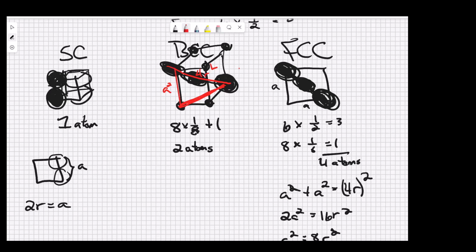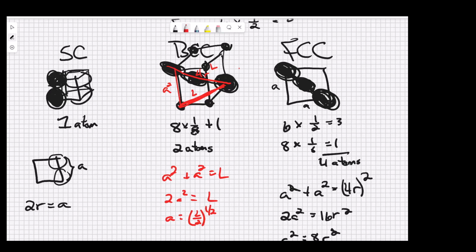So that length, I'm going to call it L right here, okay? So a squared plus a squared equals L, or 2a squared equals L, or a is equal to L over 2 to the 1/2 power. Do you agree with that?